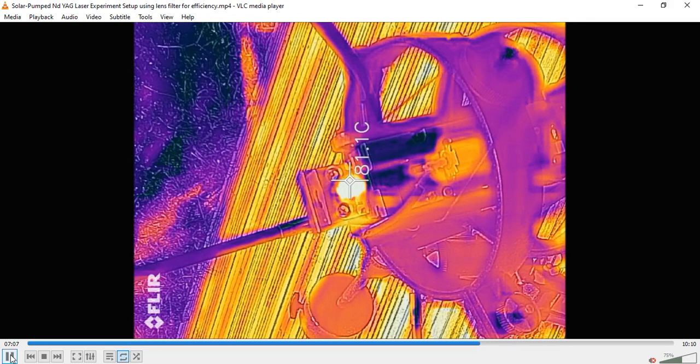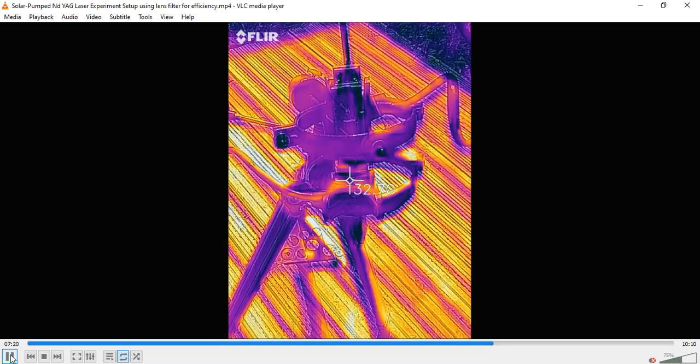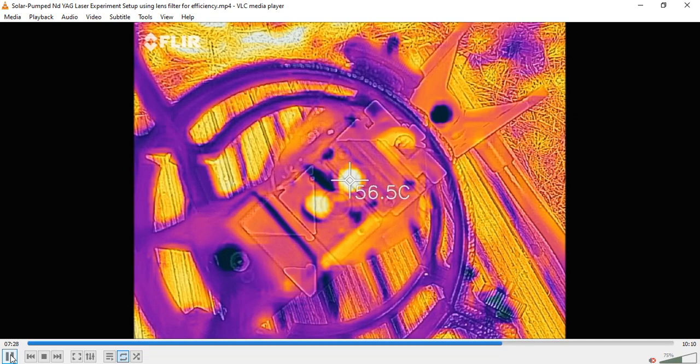Even at the front facet of the crystal, it's 81 Celsius. So using my FLIR thermal infrared camera, I was able to do some pretty basic diagnostics of the temperature range and assess the necessity for cooling of this laser setup.